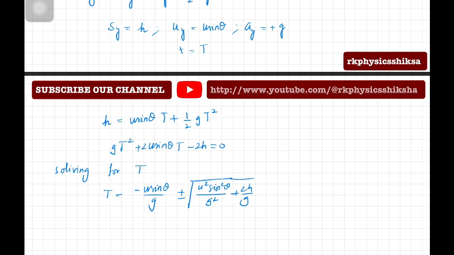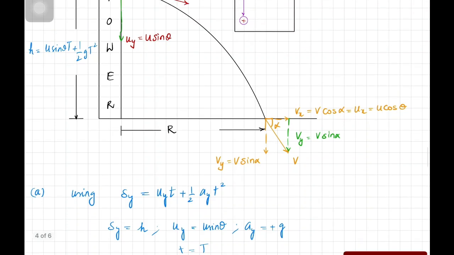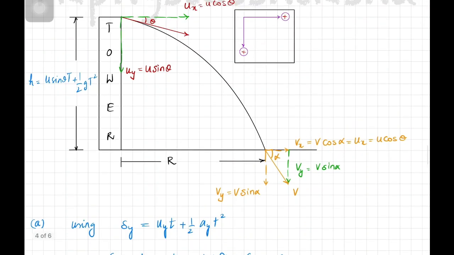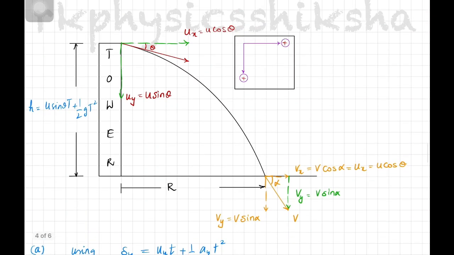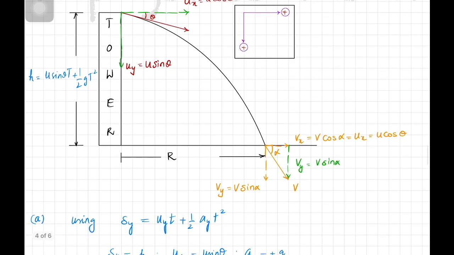Obviously, we have to calculate the range also, which is the horizontal displacement. The component of velocity responsible for this horizontal displacement is the horizontal component of velocity. As the horizontal component of velocity remains constant throughout the motion, ax is again 0. So I get u cos theta into the total time taken for the particle to reach the ground from the top.